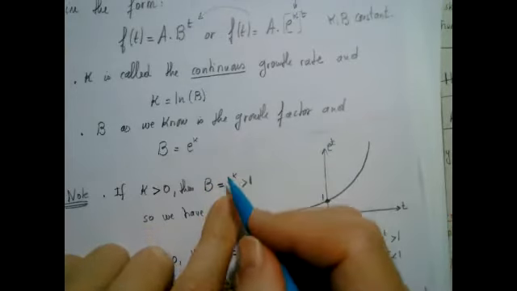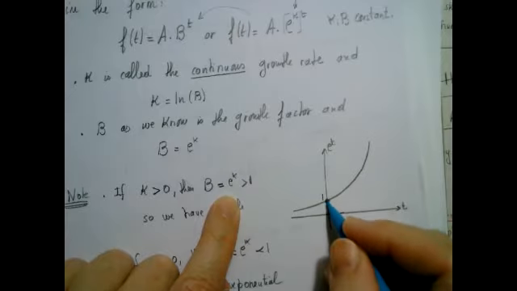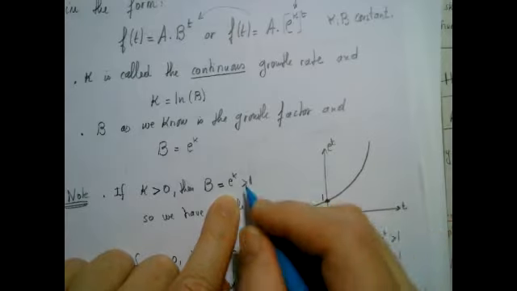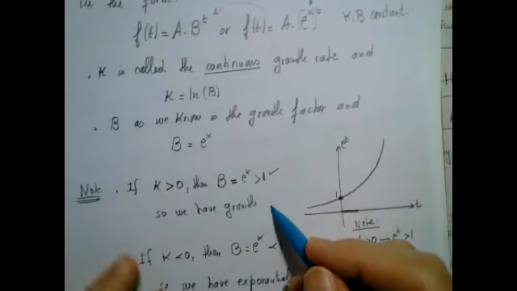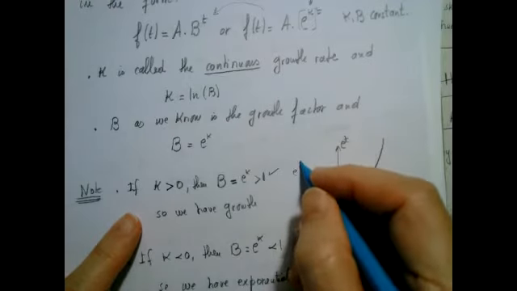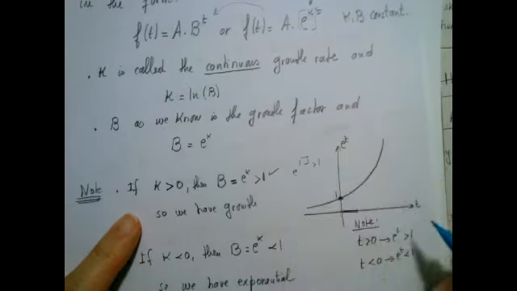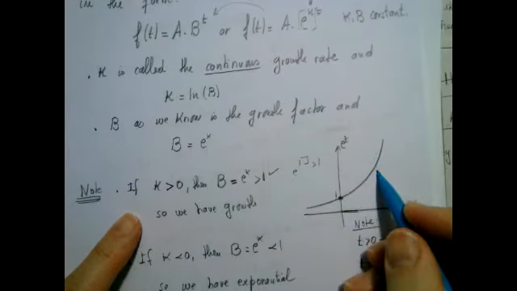If I plug in a positive number for k, then e to the k will be bigger than 1. It means we have a growth. So if k is positive and you take e to a positive number, you get a number bigger than 1. E to the 0 is 1. After that, it's going to be bigger than 1.